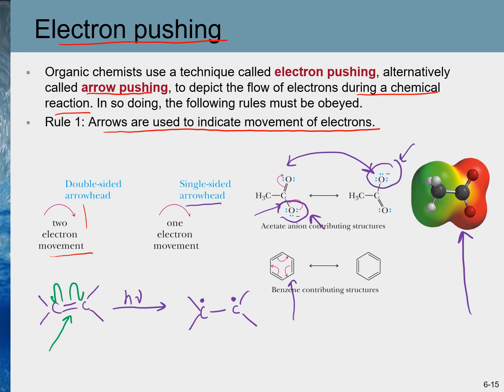However, if we look at the actual model, the red part is evenly distributed. This is only possible when the actual structure is a hybrid of both, where the electron is distributed on both of these oxygens.